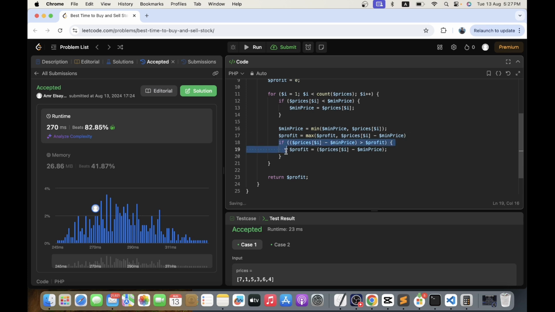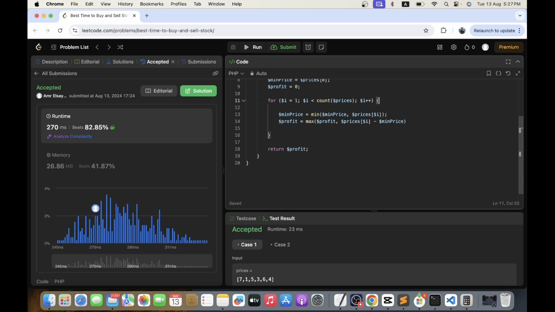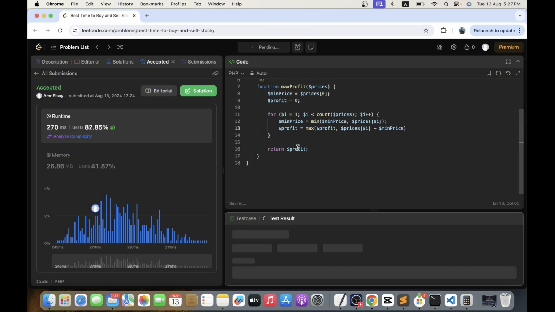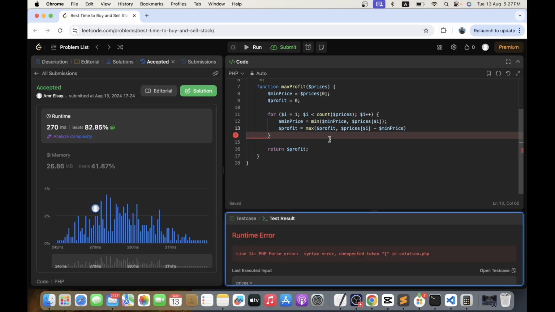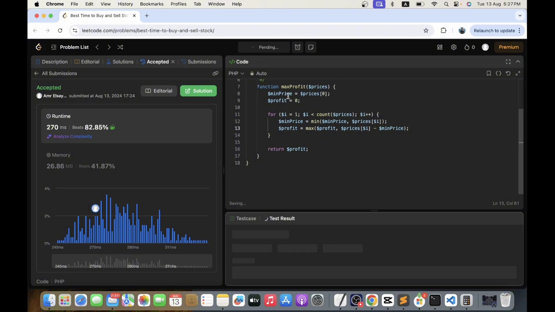Yeah, so let's remove those if conditions. We have a semicolon as well. All right, it's correct. Let's submit the solution.